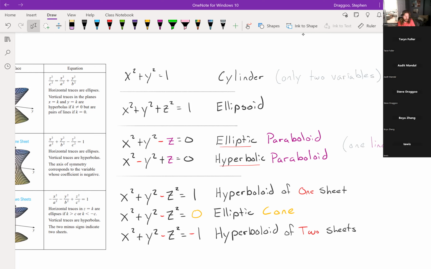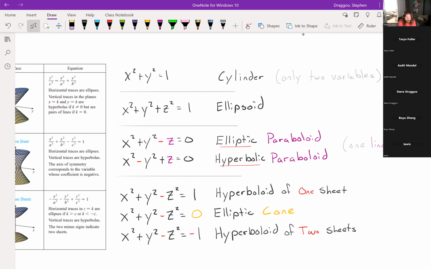From there, we just have two options for the styles of paraboloids that we'll look at. We can either have an elliptical paraboloid or a hyperbolic paraboloid, and that'll be based on the other two square terms. So back to our just 2-space, our two variable equations. We know that we have a circle if we have something like x squared plus y squared, whereas a hyperbolic shape looks like x squared minus y squared.